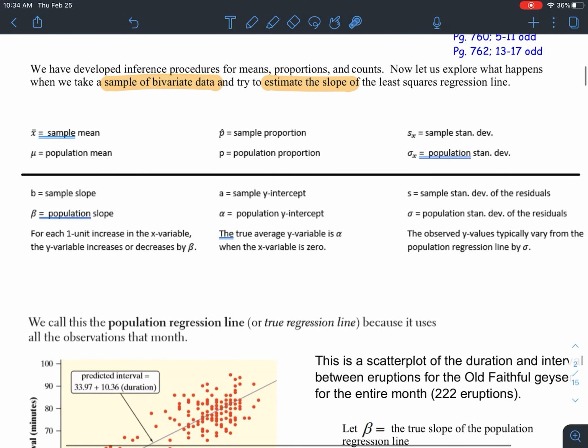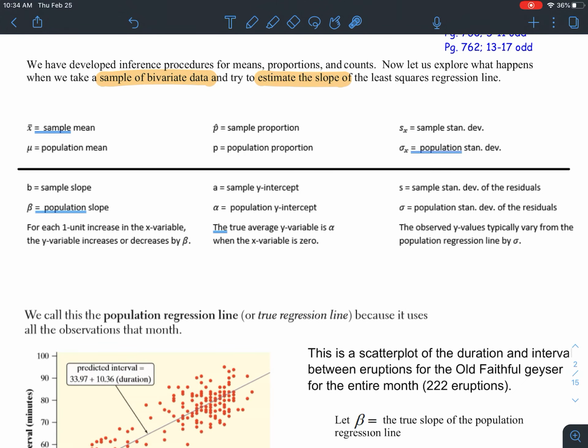What we're going to be doing here when we're working with linear equations is our main focus is going to be trying to estimate what the population slope is. And so we're going to be using the Greek letter beta to represent the slope if you had all the points that you gathered from the entire population for whatever your bivariate data is.